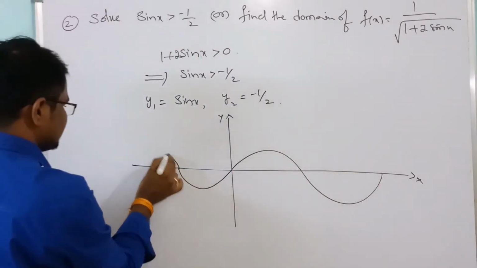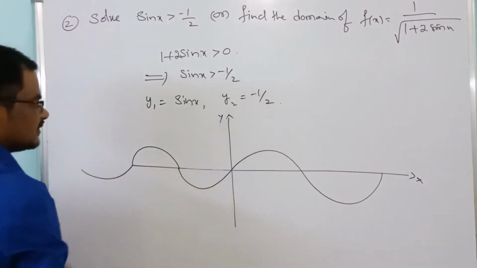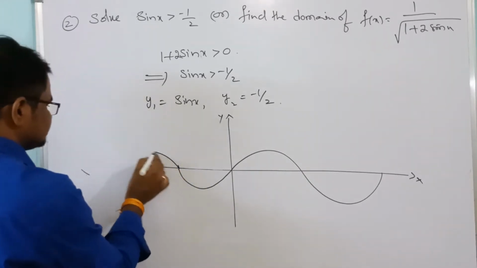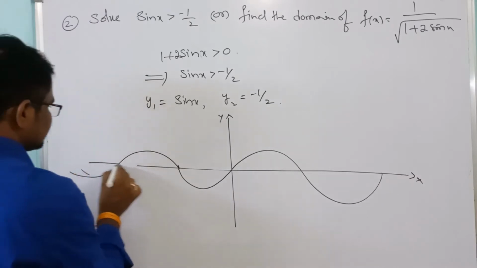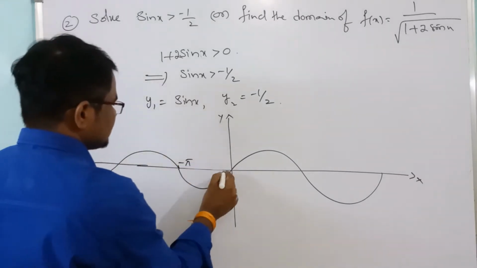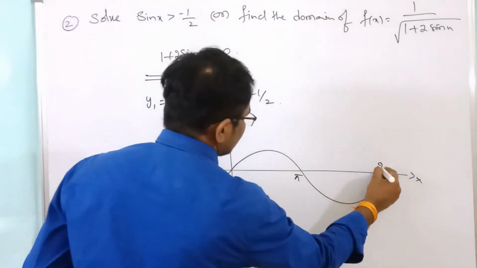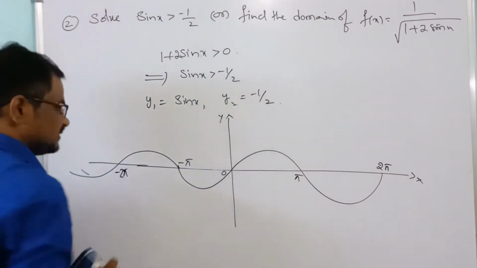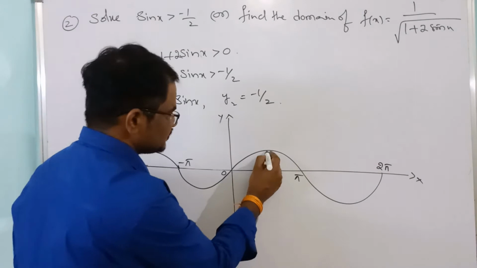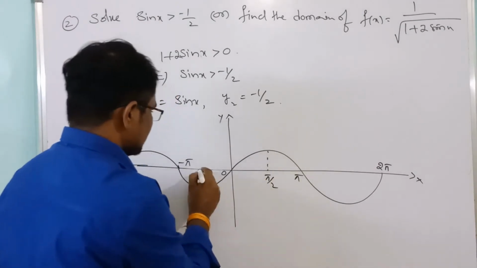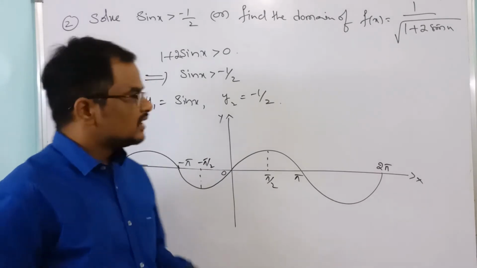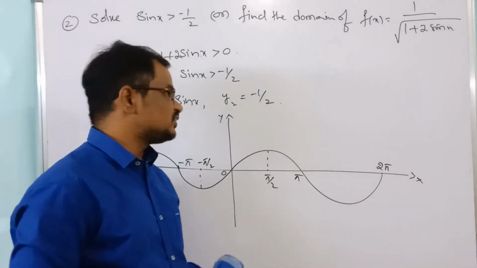Like this we have to draw the graph of sin x. Like this. This is minus pi, 0, pi and 2 pi. Here minus 2 pi. Like this, if you take, here pi by 2 and here minus pi by 2. Right? Next, the graph of y equal to minus 1 by 2.